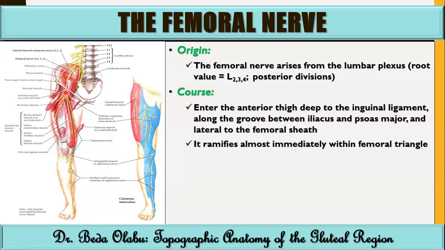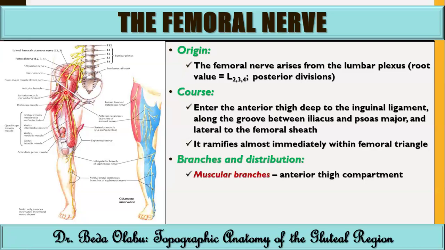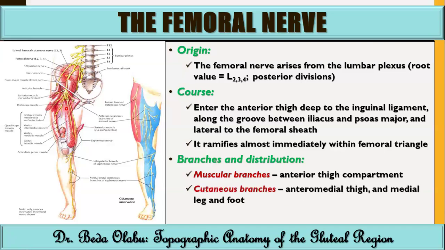The nerve ramifies almost immediately. It divides almost immediately in the femoral triangle by giving several branches. It has muscular branches to the anterior muscles of the thigh. So the musculature in the anterior thigh is supplied by the femoral nerve. It also has cutaneous branches that are distributed to the skin.